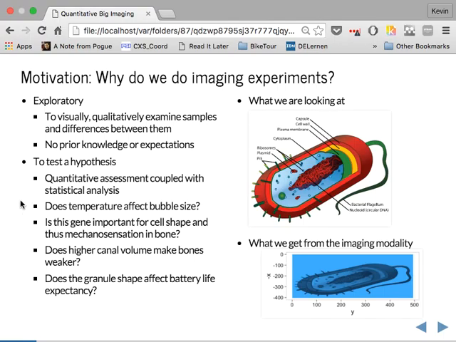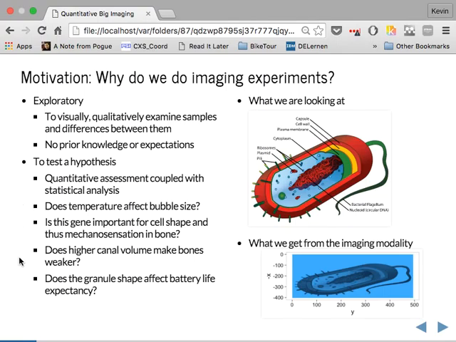And so some of the questions that might come up are sort of, if you're looking at a foam or a bread, does the temperature you cook the bread at affect the bubble size? And so this is something where you sort of have a hypothesis that it does or does not, and then you need to measure the bubble size in all of these images and be able to compare bread at high temperature and bread at low temperature to make this assessment.